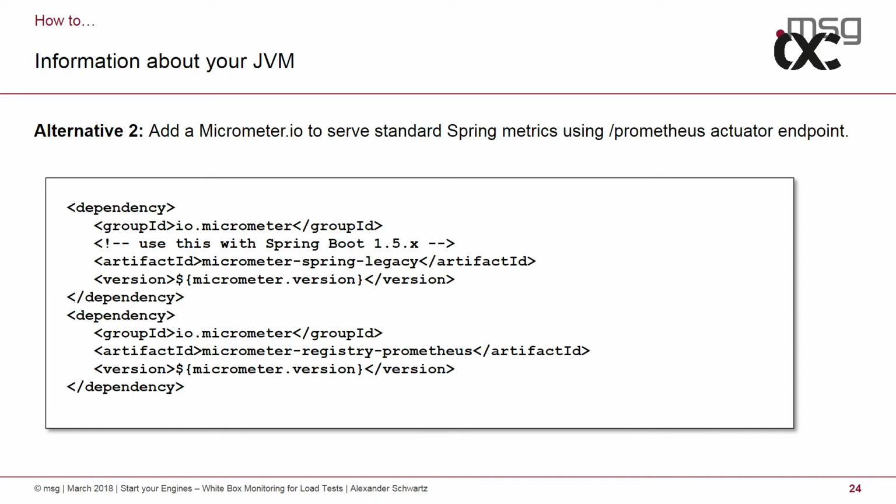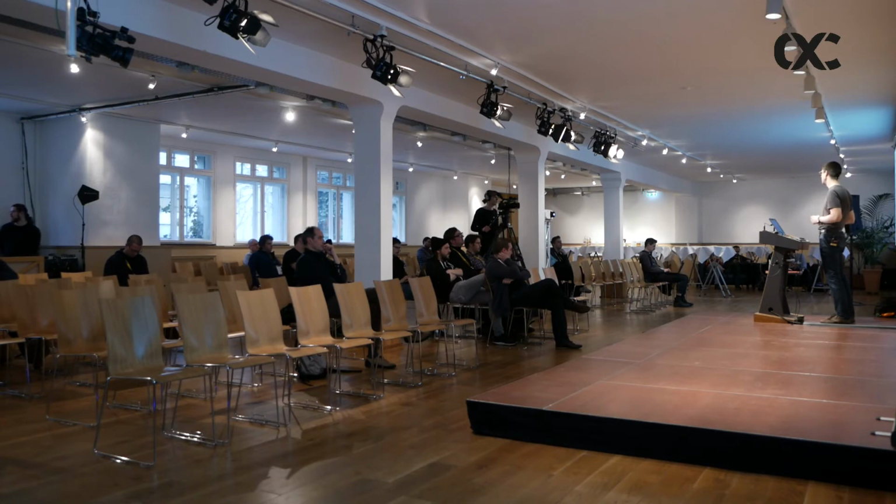The simple client of Prometheus is quite battle tested, but it will only give you Prometheus exports, while Micrometer will give you exports for lots of other things as well. You can export your metrics to Elasticsearch. You can export them to very, very many other tools as well, but also to Prometheus. So that's alternative 2 that I follow up in this talk for the rest of the Java part.